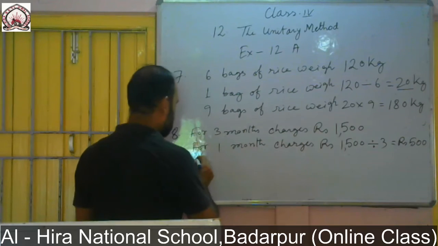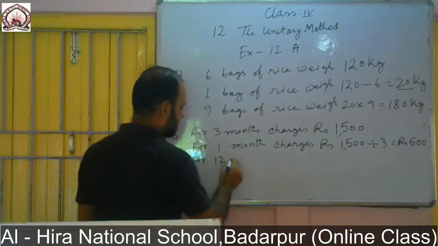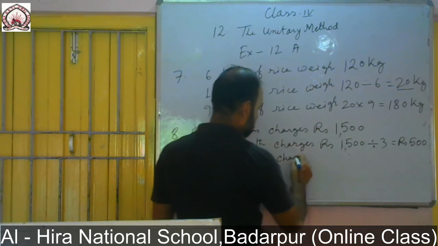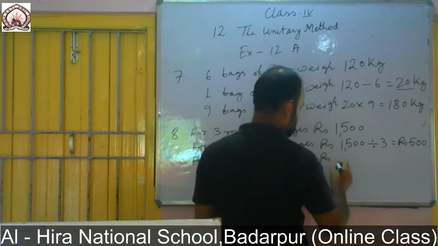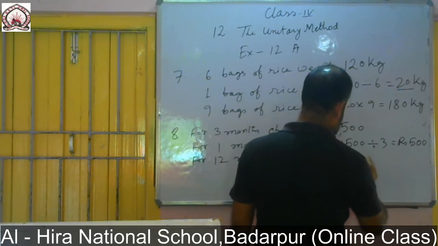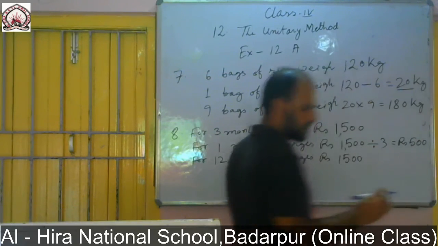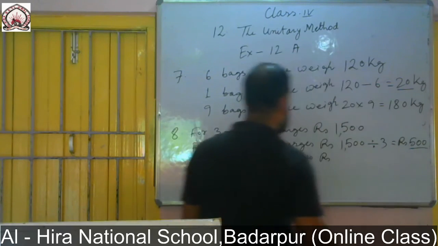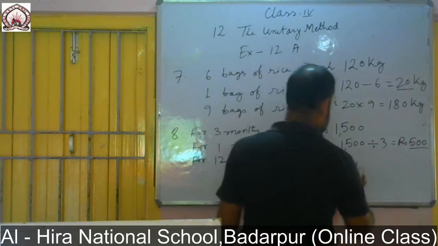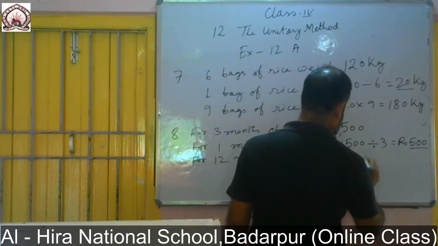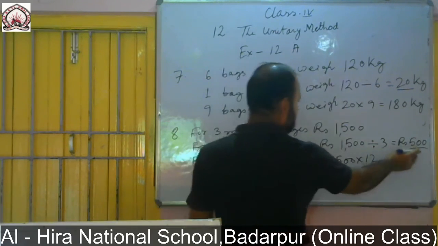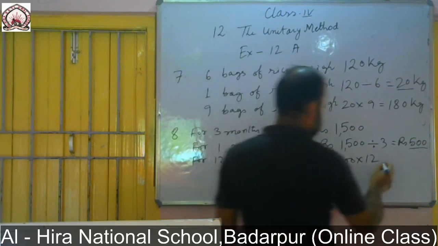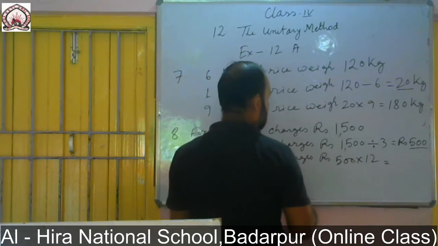So for 12 months, charges rupees, for 1 month it is 500, and for 12 months it is 500 into 12.